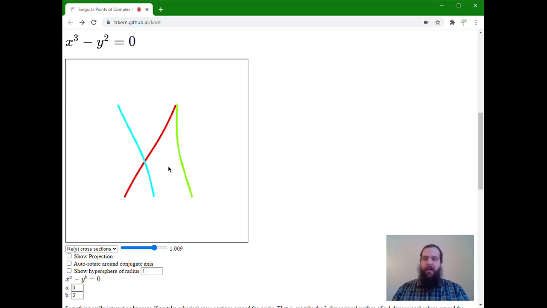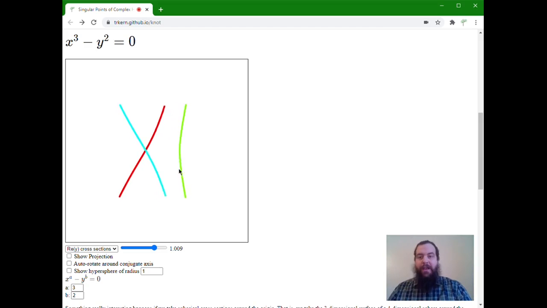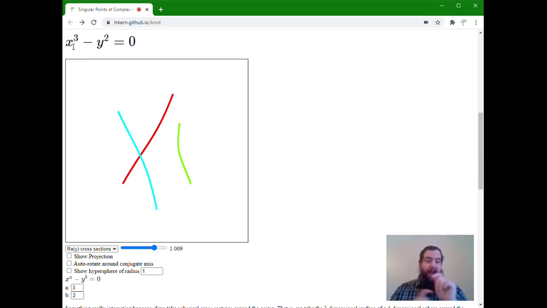This slider isn't perfect. And then this vertical direction here is going to be the imaginary part of y. And then once we know that, that's going to determine x cubed, and then that's going to determine x up to a cube root of unity, right?